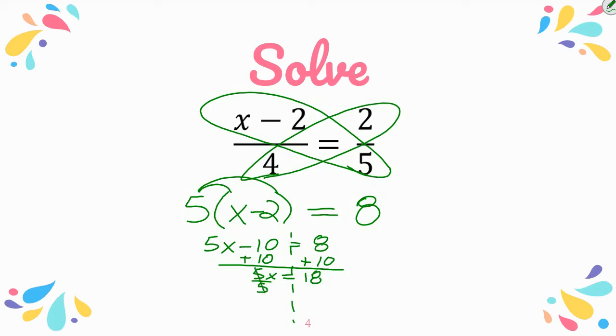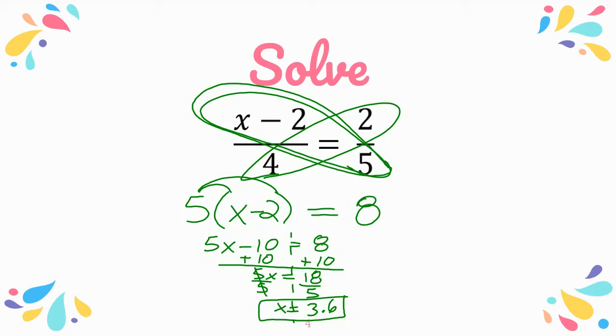Divide both sides by 5, and my answer is that x equals 3.6. That's how I would solve that equation. Please do not forget that when you're multiplying across, like we did right here, to take that 5 and multiply it by everything in the numerator. So the 5 times the x and the 5 times the minus 2.